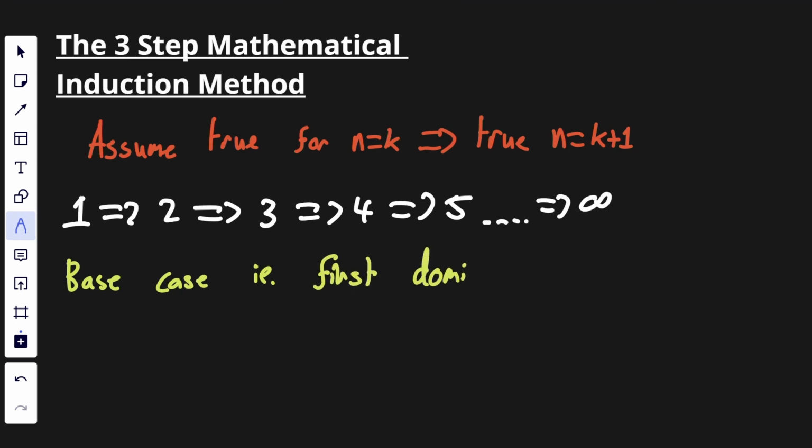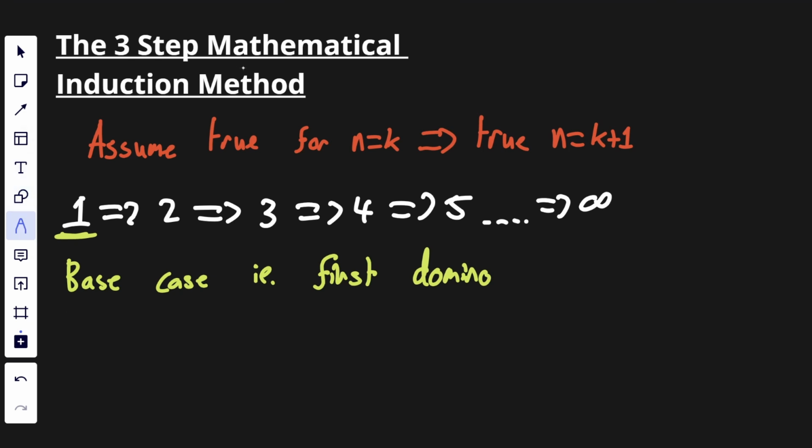So in the example above, our base case would be 1. This is the first domino. By knocking over 1, you knock over 2, 3, 4, 5, etc. But you have to knock over a domino for this domino effect to happen. There's no point knowing that the domino effect can happen if there are no dominoes knocked over.